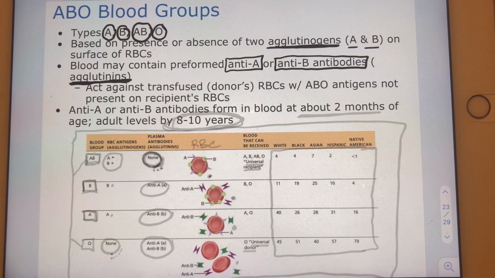If our recipient's blood, for instance, produces anti-A antibodies, and we transfuse donor blood that does feature type A agglutinogens, then the antibodies, the anti-A antibodies of the recipient will clump with the type A agglutinogens of the donor.